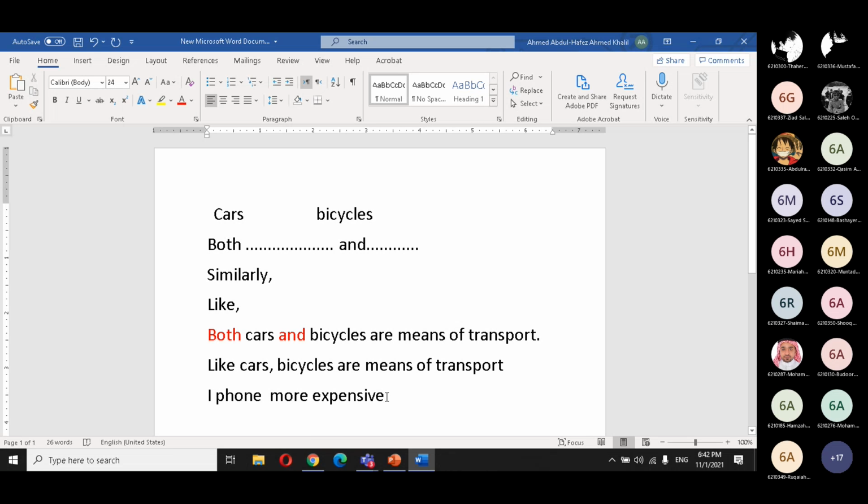When you say more expensive, this means that two things are different. When I say something is more expensive, it means they are not equal and not similar.